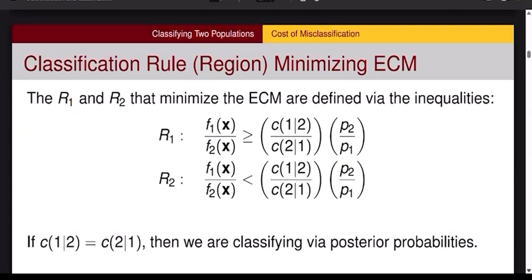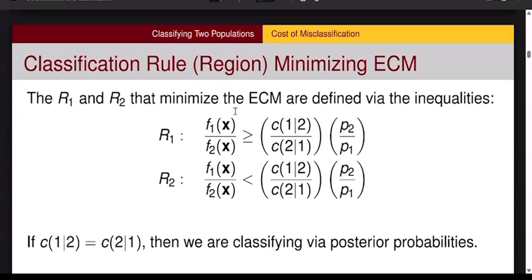Now, that is what you see. To classify, there's going to be an inequality, of course. If we don't belong to the same group, then you are nullifying equality, and that's why there's going to be inequality. So right now, to classify into R1, I'm going to do the likelihood ratio.